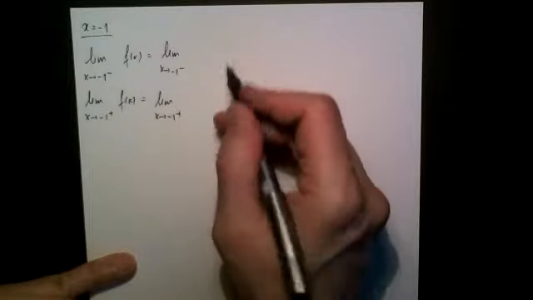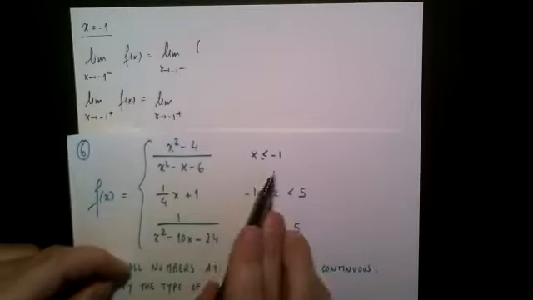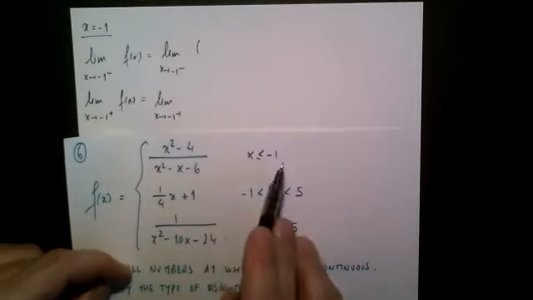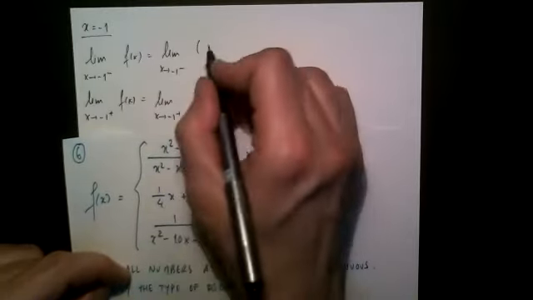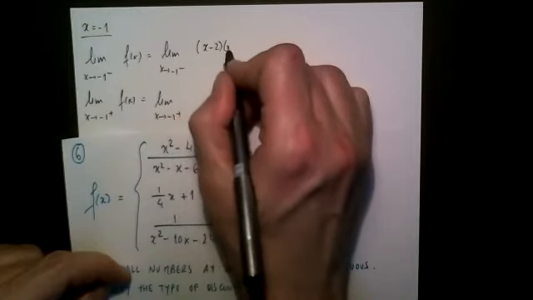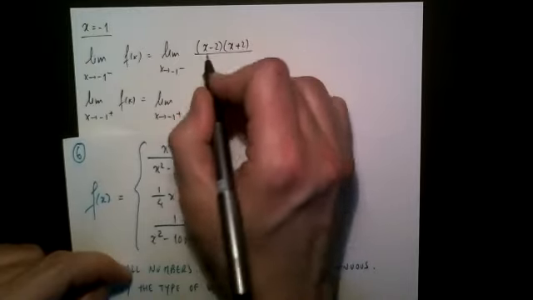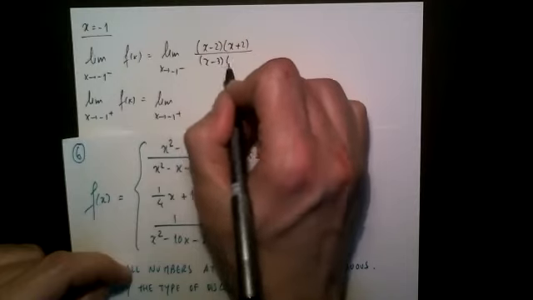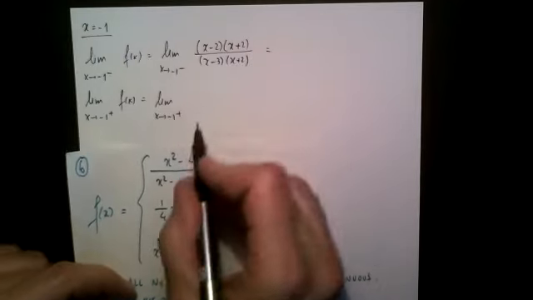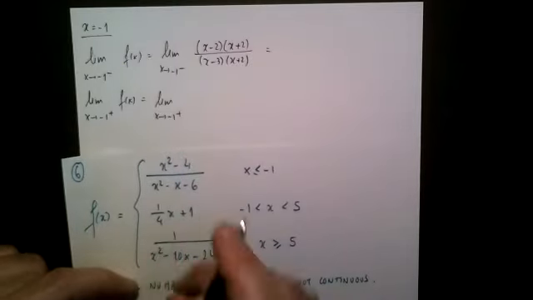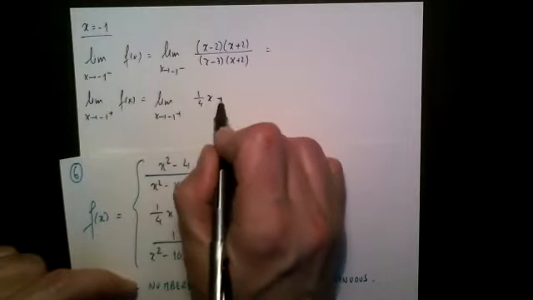To the left of -1, I have this function, which I already factored as (x minus 2)(x plus 2) over (x minus 3)(x plus 2). And at -1 from the right, I have 1/4 x plus 1.